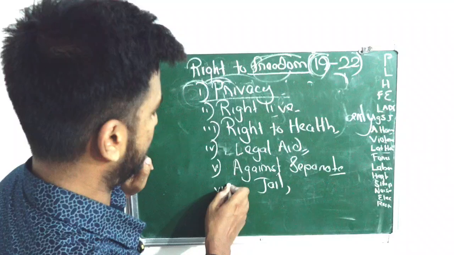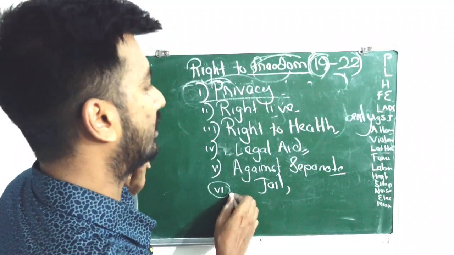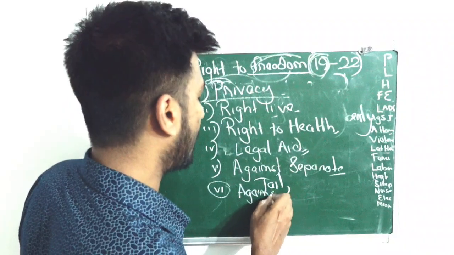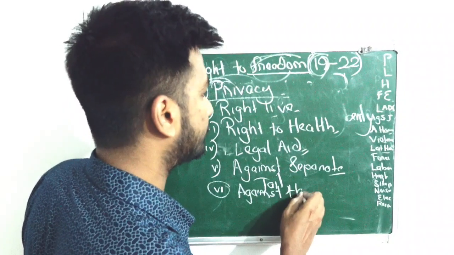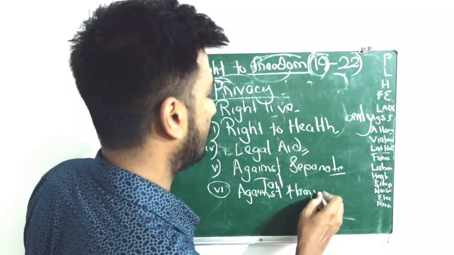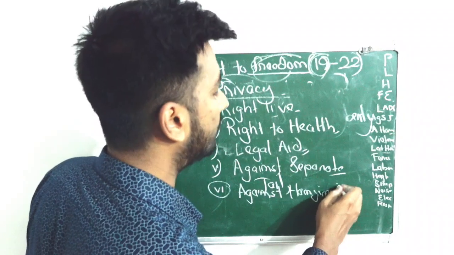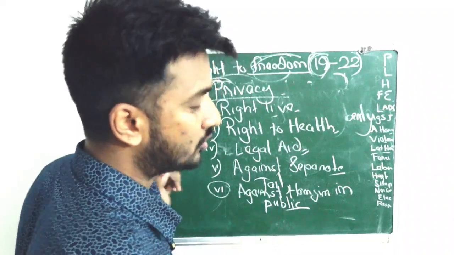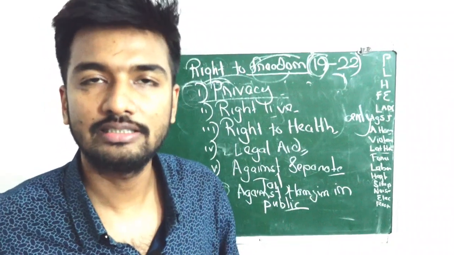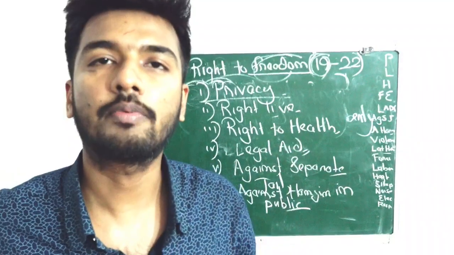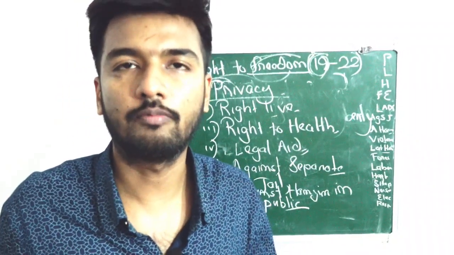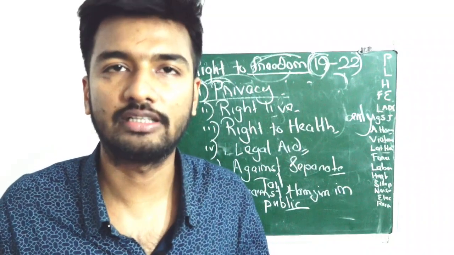Number six, sixth is against hanging in public. So in movies, you have seen that people are hanged in public and there is chaos in the public and a flow of emotions and everything.